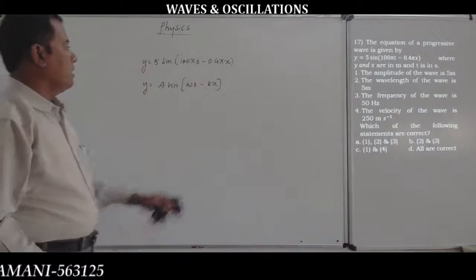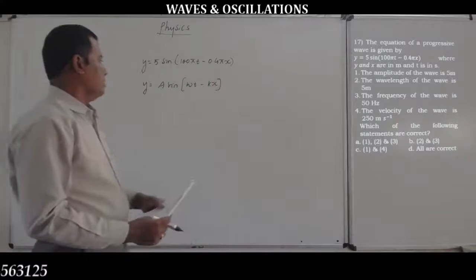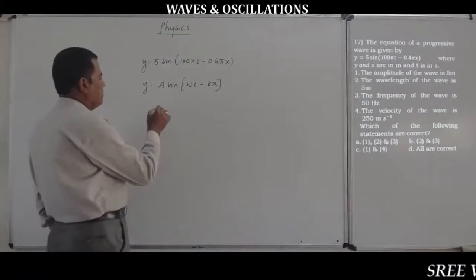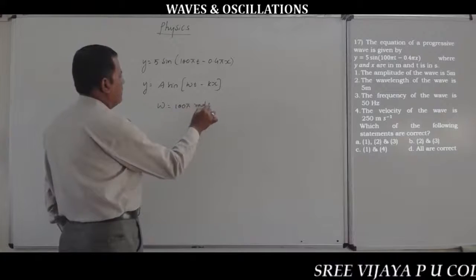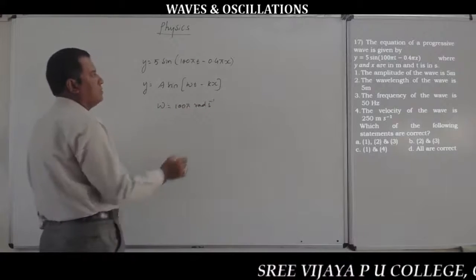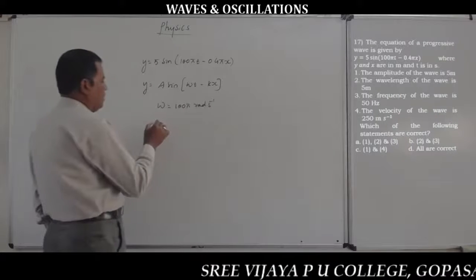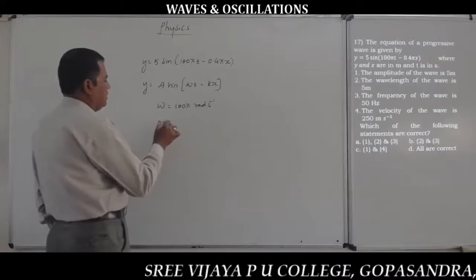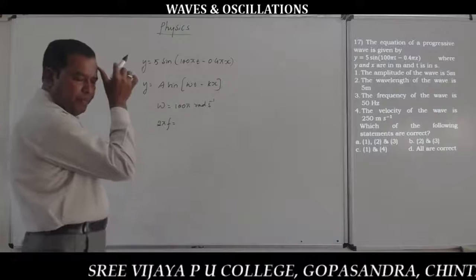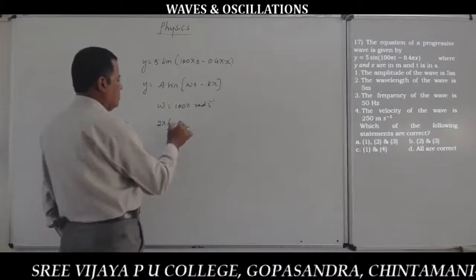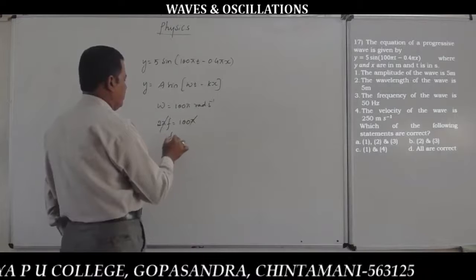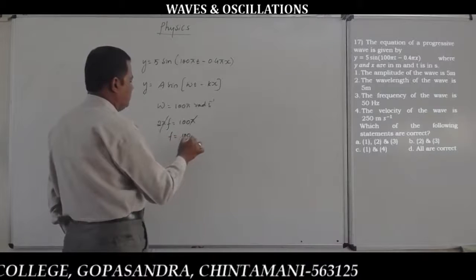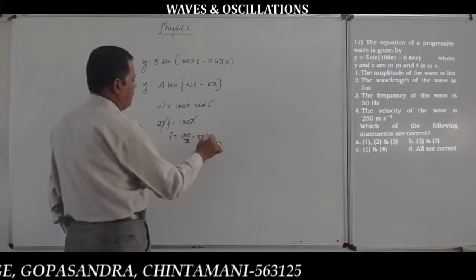So on comparing the given equation with the standard equation, omega comes out to be 100 pi radian per second. So omega can be replaced by 2 pi f is equal to 100 pi. f is equal to 100 by 2, so we get 50 hertz.